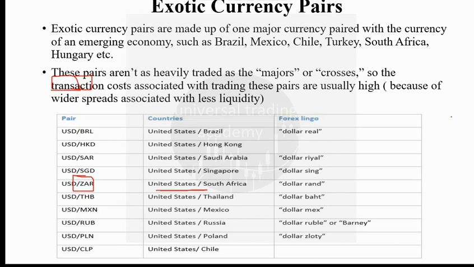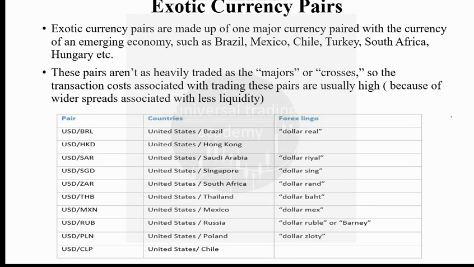Now let us look at exotic pairs. Exotic pairs are made up of one of the 8 major currencies paired with one of the currencies from emerging economies.